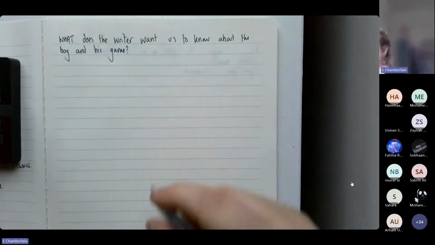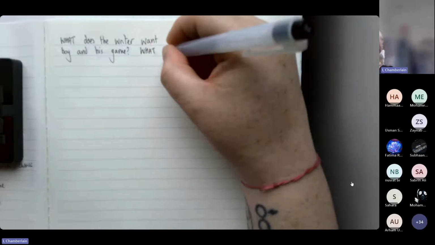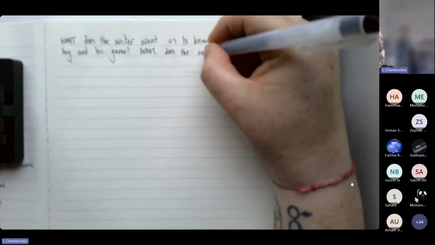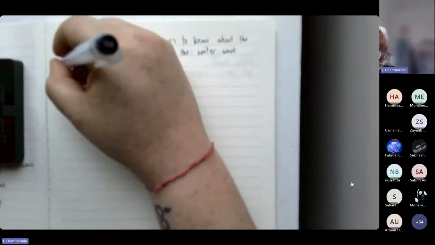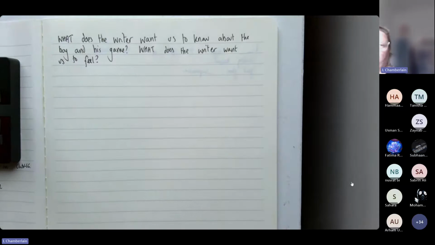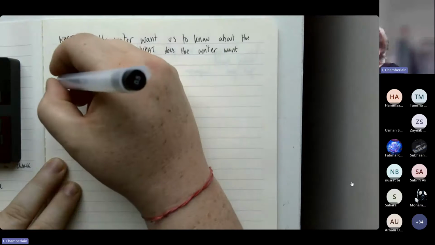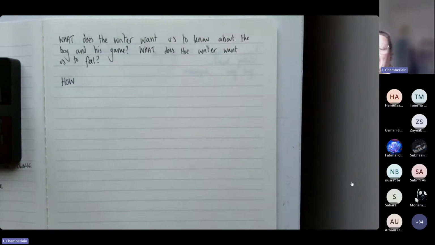And then our secondary what question is, what does the writer want us to feel? So what emotion is the writer trying to evoke for us when it comes to the boy?